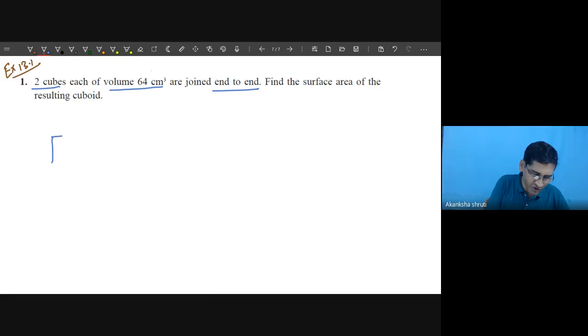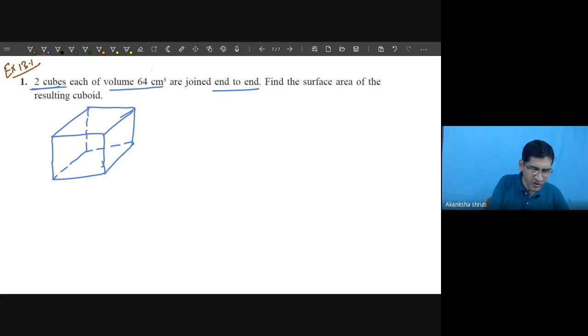For drawing the cube, keep in mind, draw the square. It is one of the cubes. Two cubes, each of volume, means V1 is 64 centimeter cube. Another cube of exactly the same kind is also there.